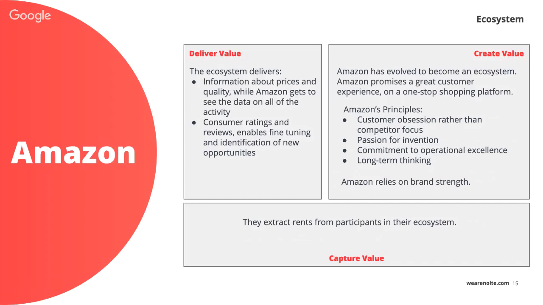And of course, how they capture value: they extract rents from participants in their ecosystem. Whether you want to sell a product on Amazon or buy a product from Amazon, in both cases, they have rents that pay their bills. So that's how this works. And again, this is more known as an ecosystem business model.